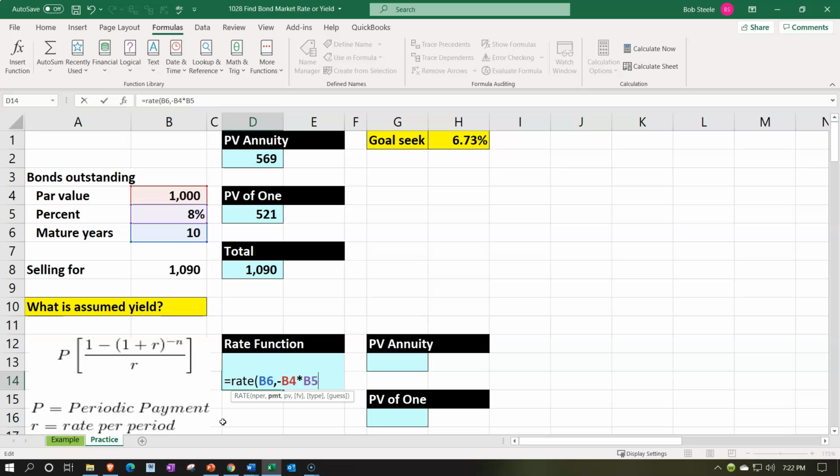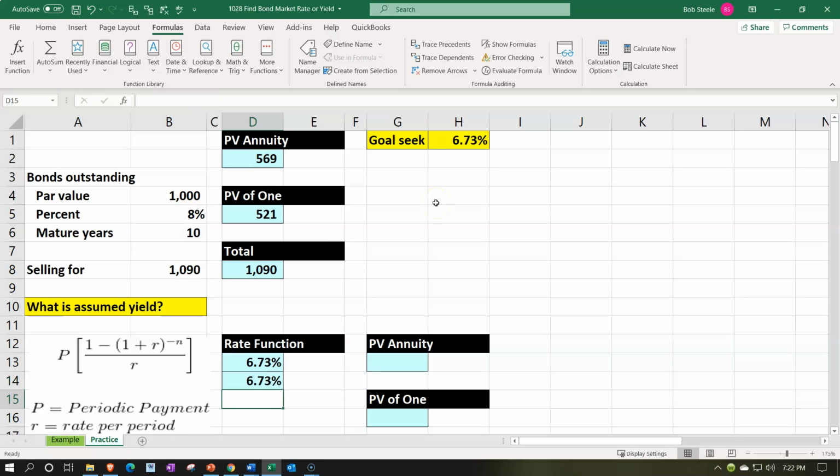Otherwise the function gets upset and spits out some kind of nonsense instead of the answer. And then the present value is going to be this, which is the price. That's the present value, comma, and then the future value also needs to be negative, the 1,000. So there we have it again. Let's go ahead and say OK. And so there we got it again.